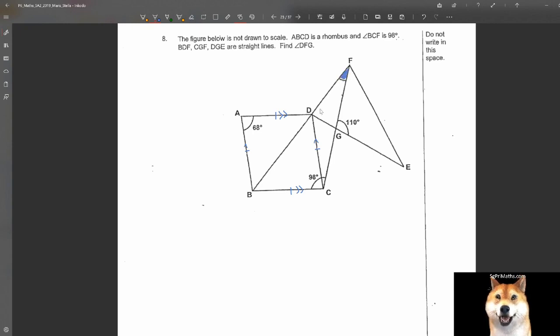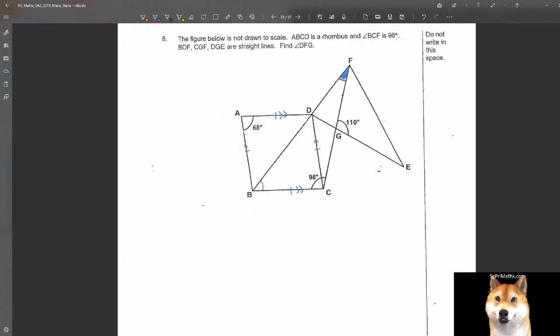So we can start to plan. To identify this angle, we can use the triangle BFC. Because we got this 98, and once we find this angle, we can find this angle.